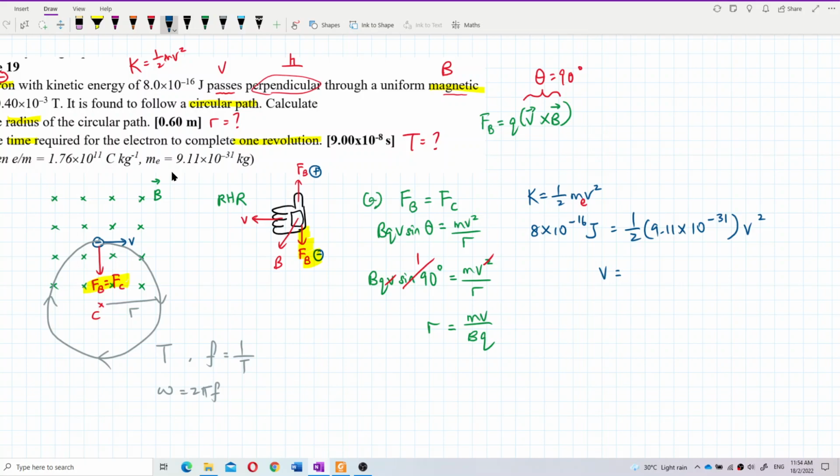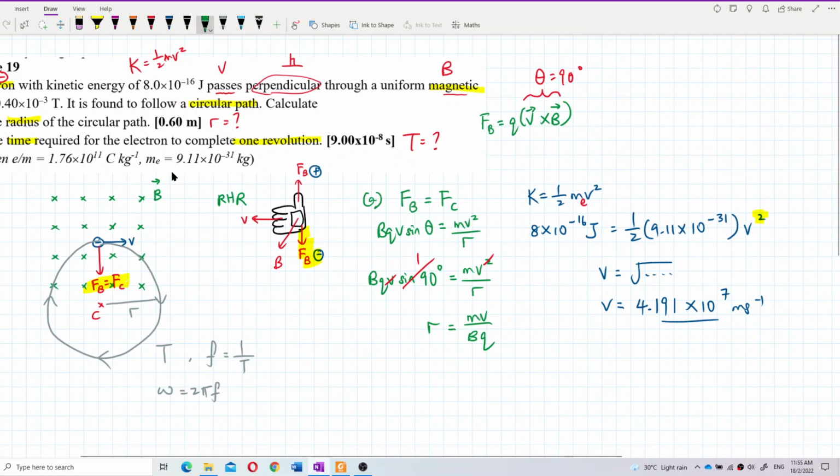Don't forget the square root because it's v squared. So you have to square root the answer, then only do you get the final velocity. 4.191 exponent 7 meter per second. Okay, so I got the velocity already.